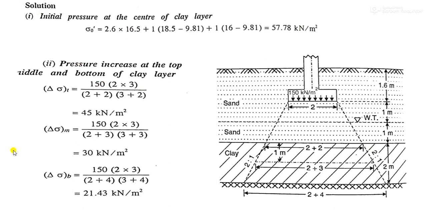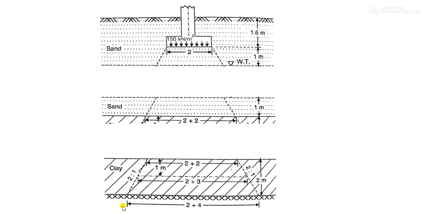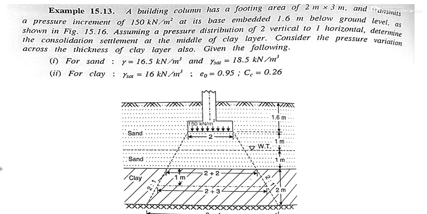Next part: pressure increase at the top, middle and bottom of the clay layer. The second question: assuming the pressure, determine the consolidation settlement at the middle of the clay layer, considering the pressure variation across the thickness of the clay layer also.